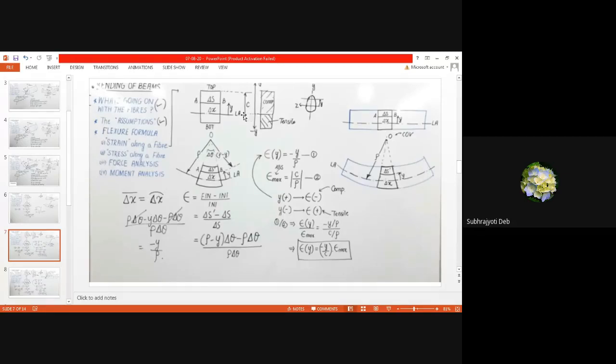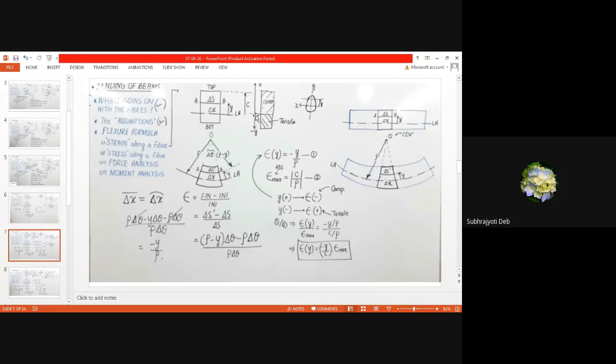So see, this is the fiber, this is the original length del x, this is at a height of y, this is del s. Above this longitudinal axis is known as the zone of compression, and below is known as the zone of tension, isn't it?